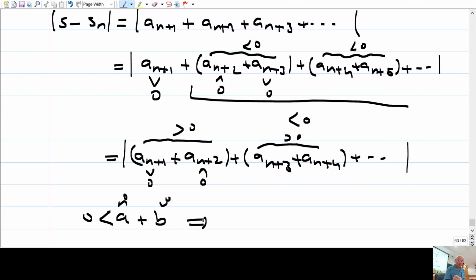This means that the absolute value of A is larger than the absolute value of B, and of course larger than the absolute value of A plus B because B is negative, right?